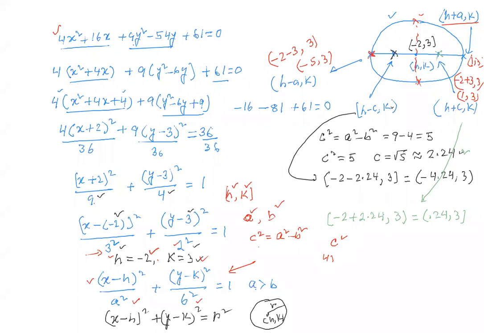Let's say 4x squared minus 16x plus 9y squared plus 18y, let's say minus 11 is equal to 0.